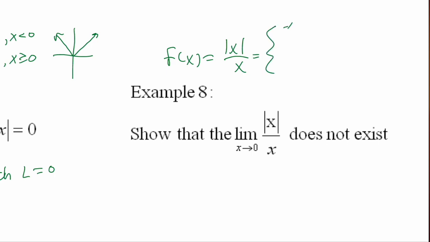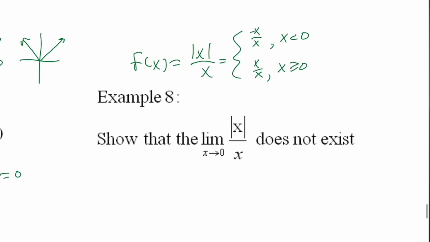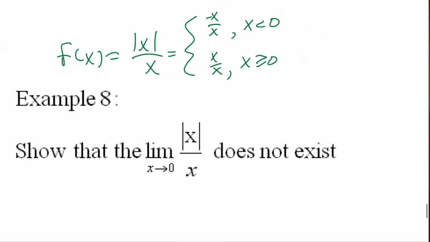So what we get is that it's -x over x when x is less than 0. And it's positive x over x when x is greater than or equal to 0, reliant upon the definition of an absolute value. We just took the absolute value part and rewrote it based upon the fact that if it's negative, it flips, becomes the opposite.